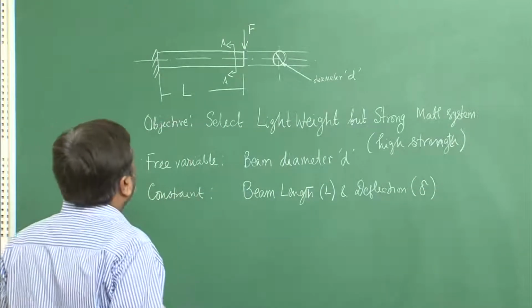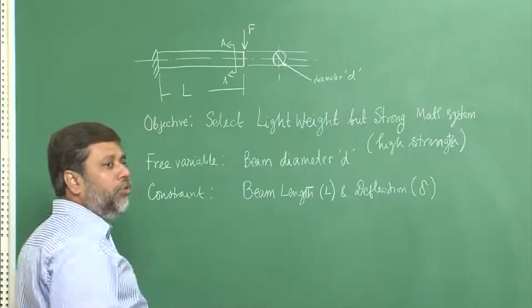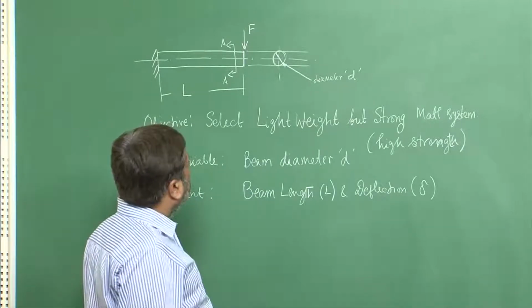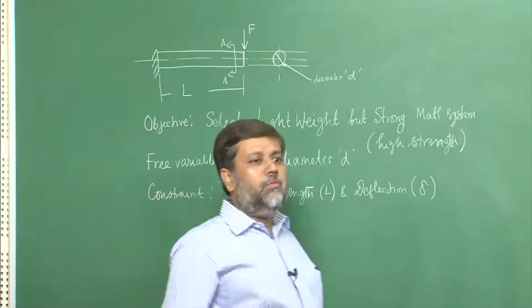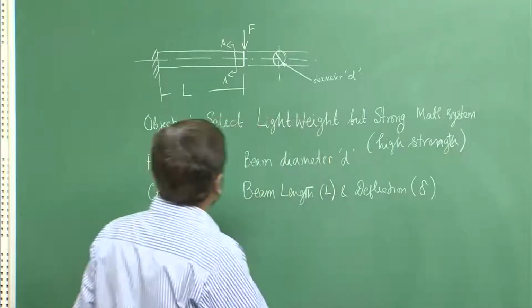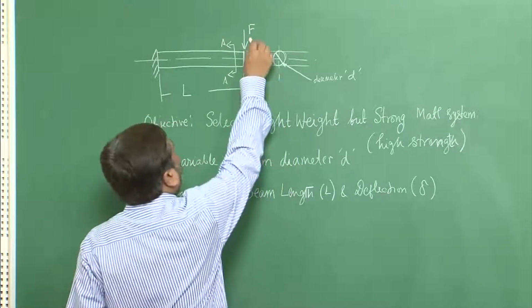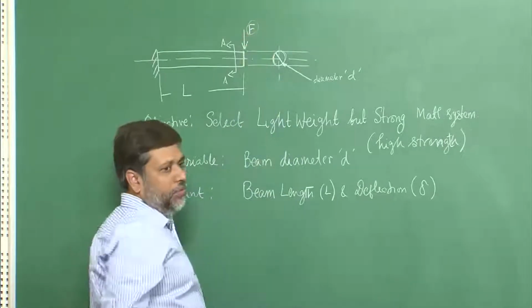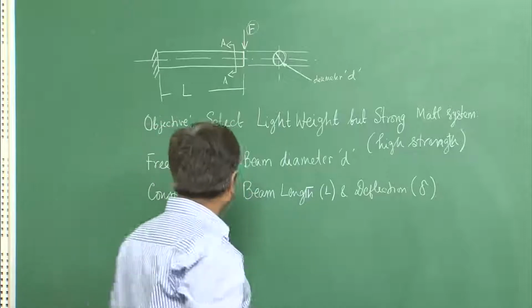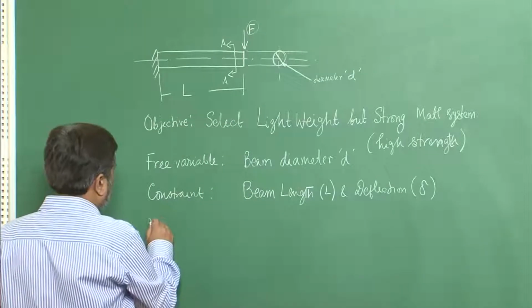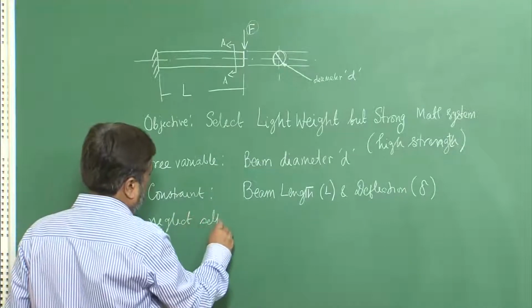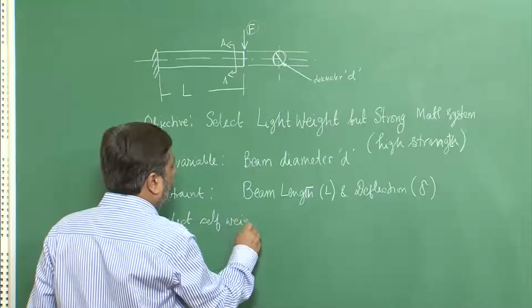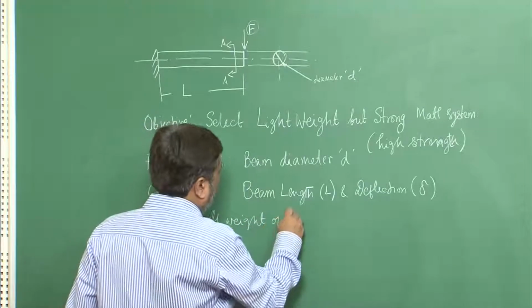Now, in this case the beam should not fail. So, that means I have to find out the maximum stress that can be generated in this beam due to the effect of this force F. For simple engineering analysis, let us first neglect the self weight of the beam.